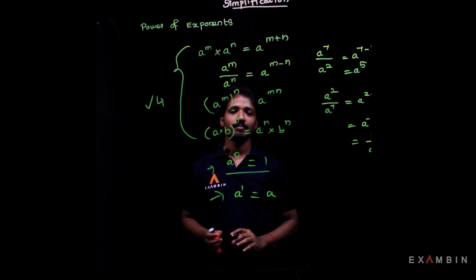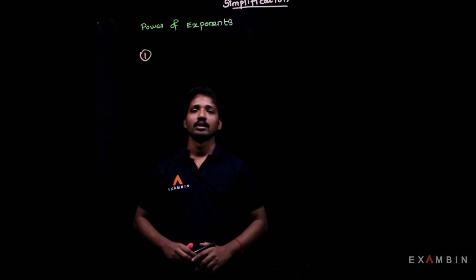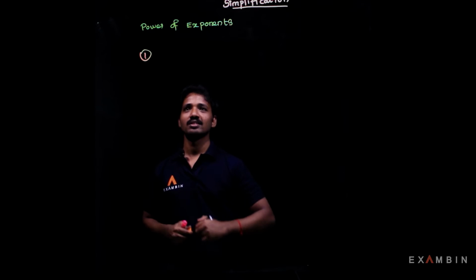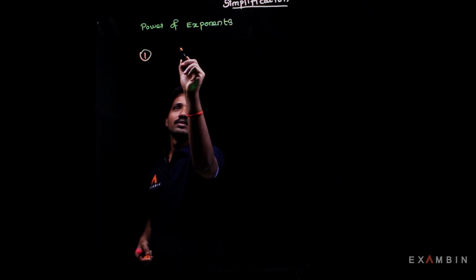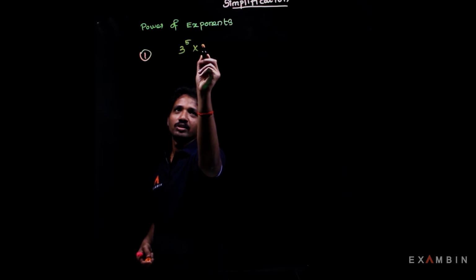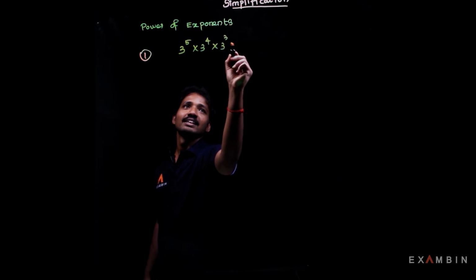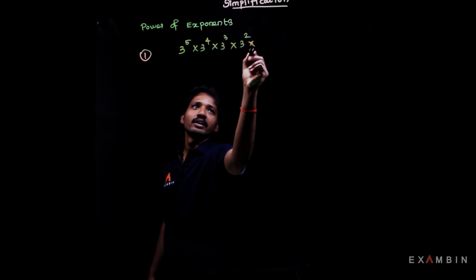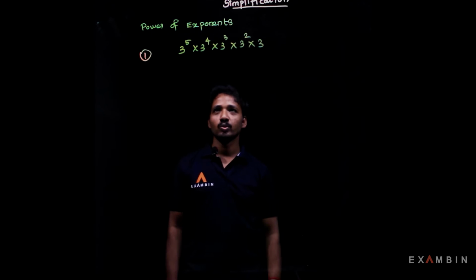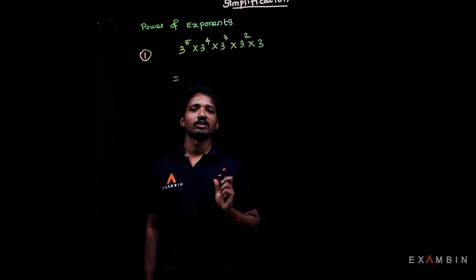Now we will look into some basic example problems based on these formulas. The first problem we are going to see is 3 power 5 into 3 power 4 into 3 power 3 into 3 power 2 into 3. To simplify this, we will use the a power m into a power n formula.